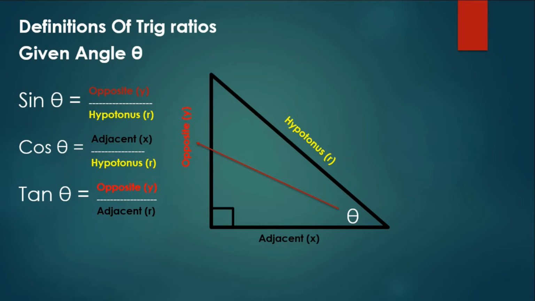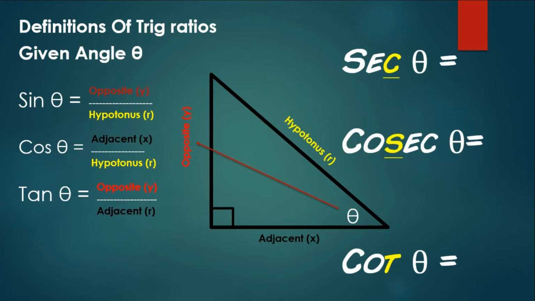And then we have sec, cosec, and cot. The other three trig ratios are just the inverse of the first three trig ratios. As you can see, I've underlined and changed the color of the third letter of each trig ratio.